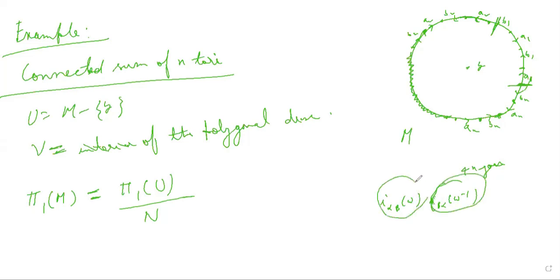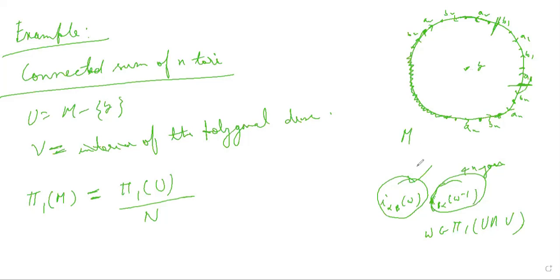So we can have only elements of this kind. What kind of elements are we going to have? This ω is an element of π1(U ∩ V), that is, this punctured open disk.